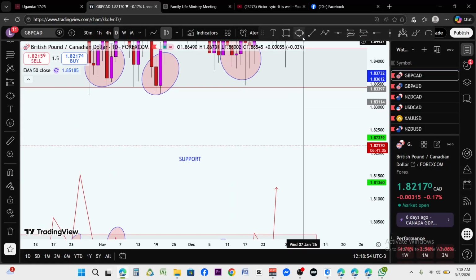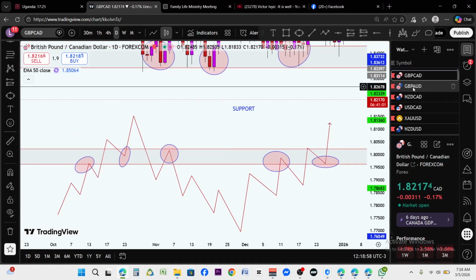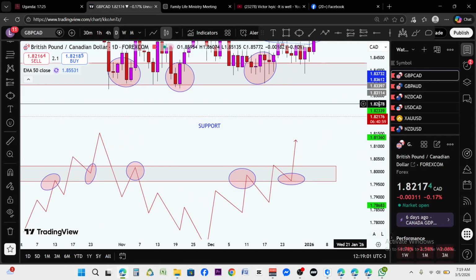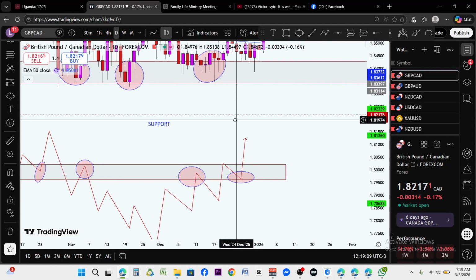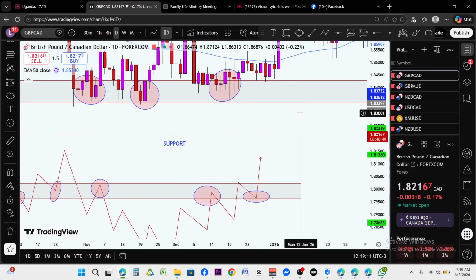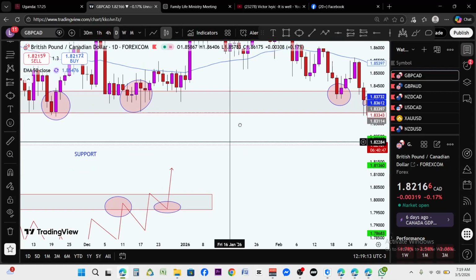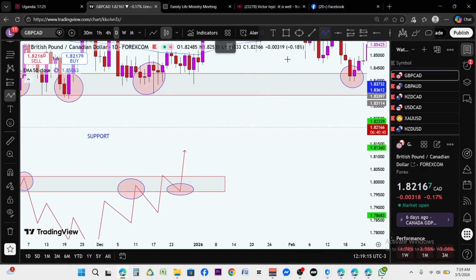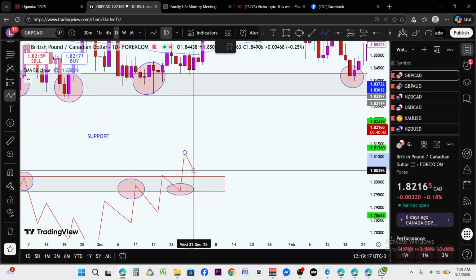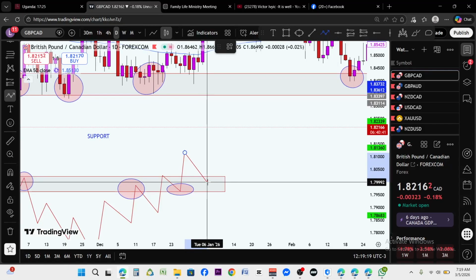Now, how to use them correctly? In an uptrend market, you wait for a pullback to support. For me to enter in an uptrend market, I'll first wait for the price to come back to this zone, to make a support.